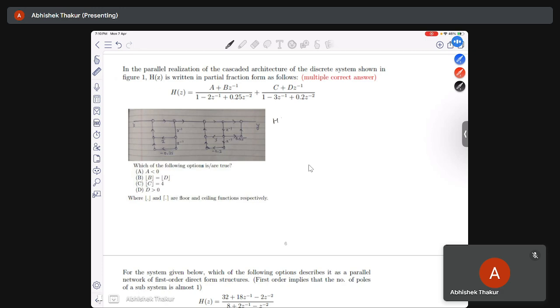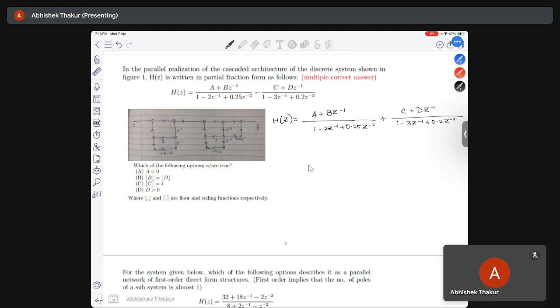H of z, the transfer function, is given, that is (A plus B z inverse) divided by (1 minus 2z inverse plus 0.25 z to the power of minus 2), plus (C plus D z inverse) divided by (1 minus 3z inverse plus 0.2 z to the power of minus 2).